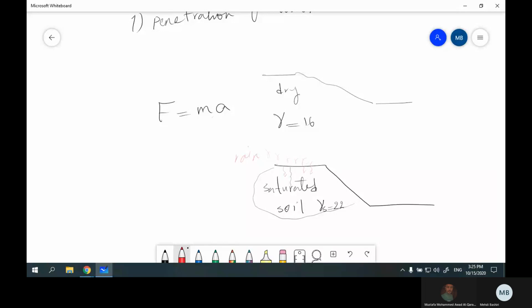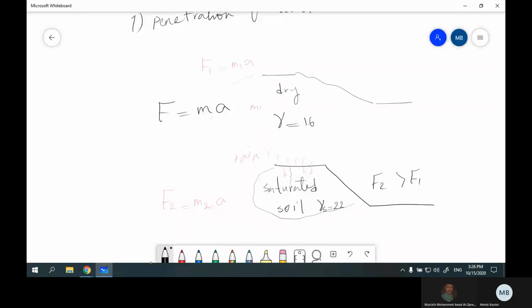So in the first case, we have the weight of M1, so here we have F1. A is constant, earthquake is constant. And in the other case, we have M2. Because M2 is more than M1 because of the water effect, F2 is more than F1.